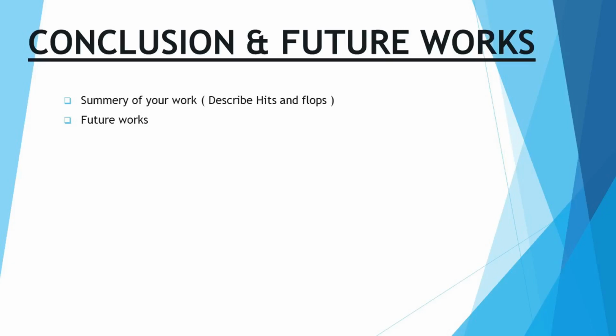Now suppose your objective 1 was to do a literature survey, how did you do that? You went to certain websites, you referred to IEEE, then you went to Google Scholar and searched. Then using this method, you successfully completed your objective 1. Likewise, you can write about objectives 2, 3, 4, whatever objectives you have in your final year project report.